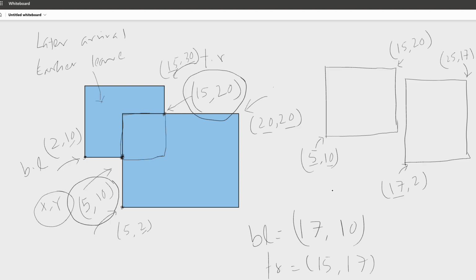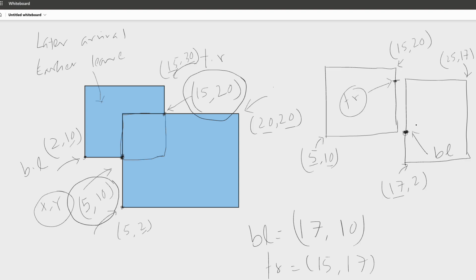If we plot 17 and 10, this is the supposed intersection bottom left point, and the top right point is 15 and 17. We are saying that this is the bottom left point and this is the top right point.